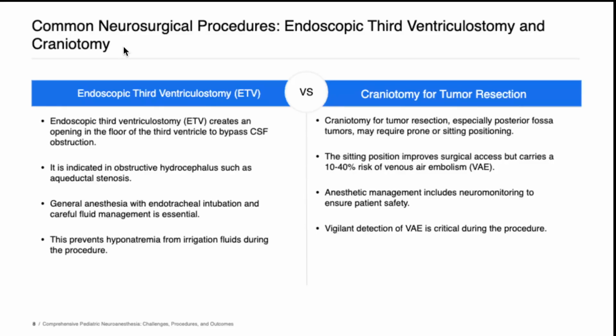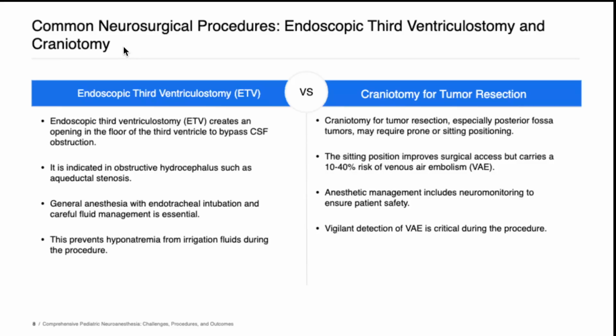When we're moving onto craniotomies for tumor resections, we need to be aware of the risks, especially in posterior fossa surgery that requires the prone position or the sitting position. We need to be aware of the risk of venous air embolism, the risk of seizures, the risk of neurovascular injuries and neurological injuries.